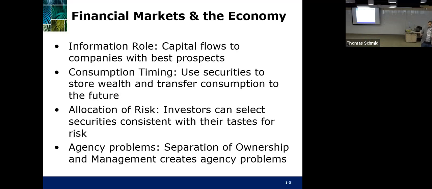And assuming even a moderate level of inflation, your wealth will decline substantially over, let's say, 20 or 30 years. So let's say you want to leave money to your children. Without financial markets, that's nearly impossible, because physically storing the cash is just not an option; due to inflation, it becomes worthless in a generation or so. So financial markets allow you to store wealth and transfer consumption into the future, probably even to your children or your grandchildren.